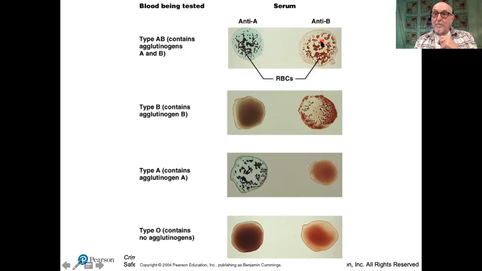Same with anti-B antibody, sorry, it will agglutinate AB blood and will agglutinate B blood. So this gives you a clear, simple, quick way of determining, is this A, B, AB, or O?